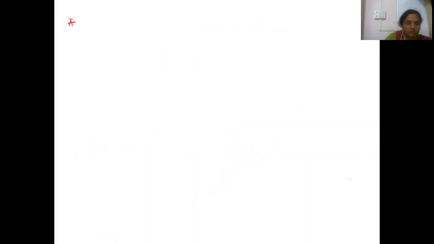Next. Laplace inverse of (4s + 15) upon (16s square minus 25). Do this.